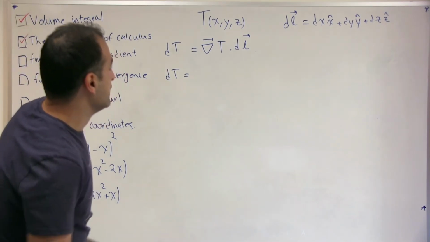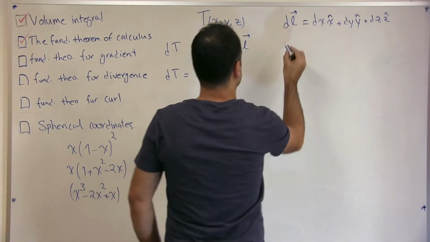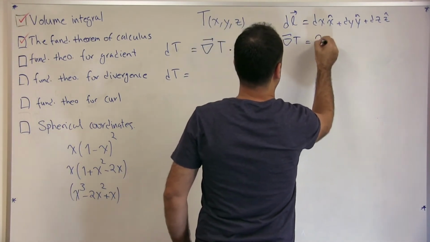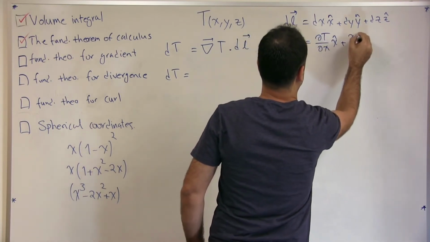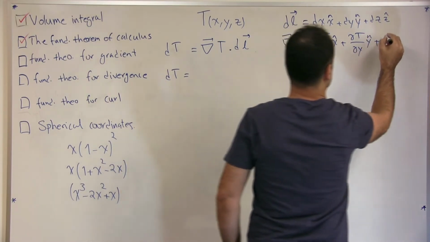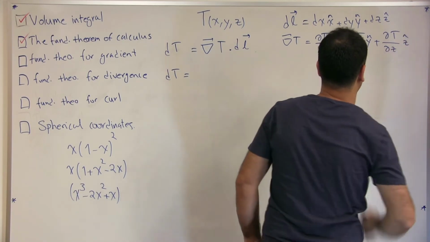So we have this dl, and the gradient of T is partial T over partial x times x hat plus partial T over partial y times y hat plus partial T over partial z times z hat.